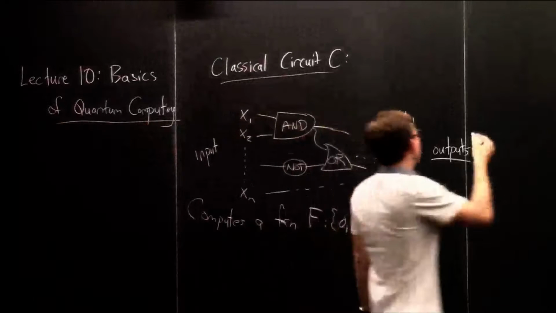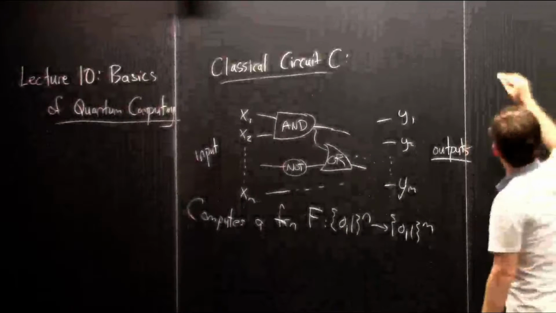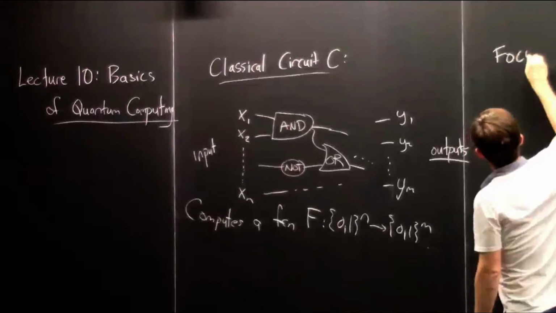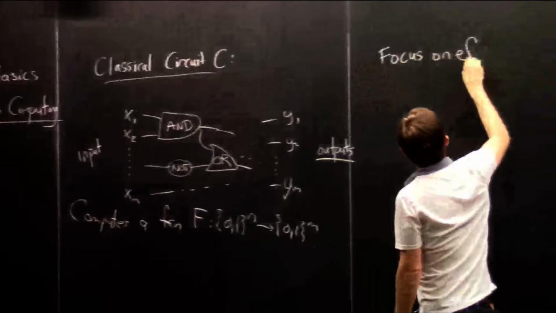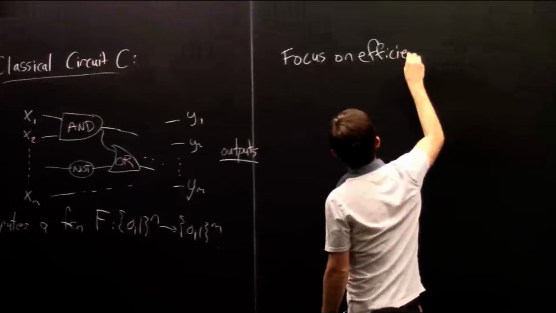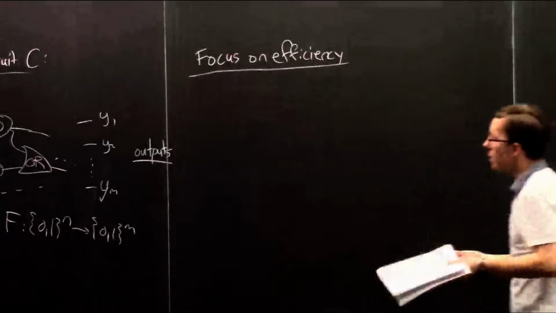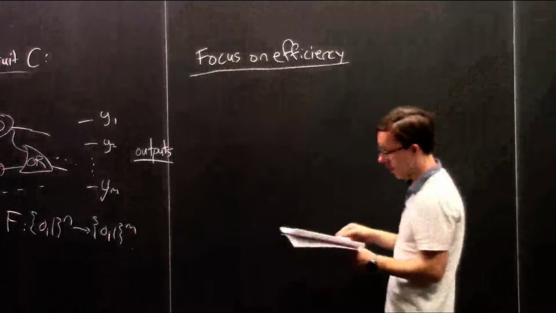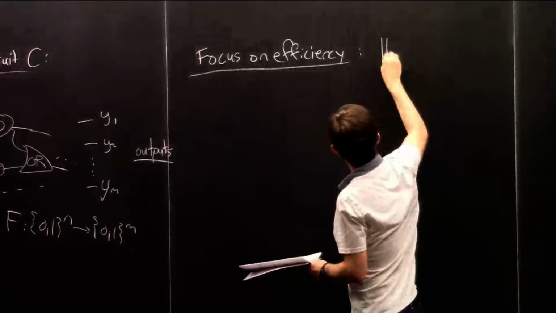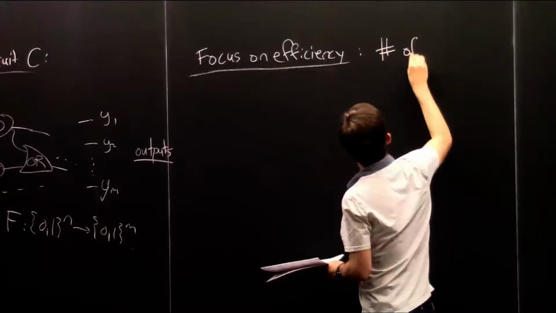And as I mentioned in lecture 1 in this course, we're going to focus a lot on efficiency. Given some task, some desired function f that you want to compute, the most basic question in terms of efficiency is, how can I compute it using the fewest number of gates?